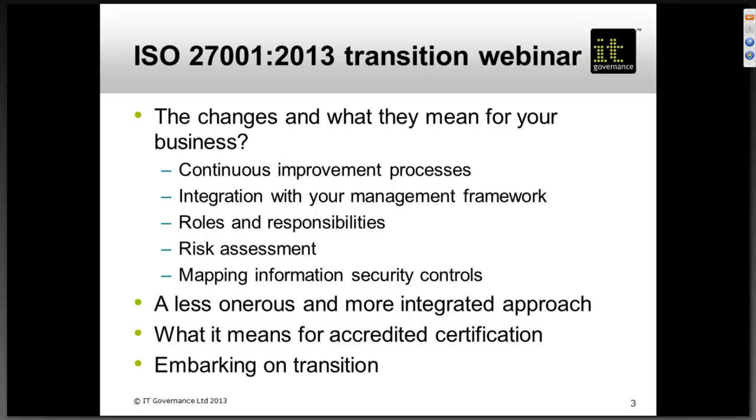The requirements on roles and responsibilities, the changing requirements around the risk assessment, and how the increased flexibility of the 2013 version should enable organisations to really maximise the benefit of adopting it and indeed maximise the appeal of the standard itself. We'll also spend a short while looking at the mapping of information security controls and what the 2013 version has in store for us there.